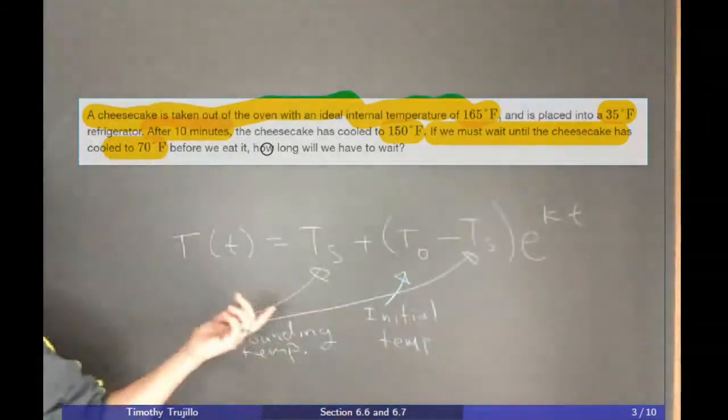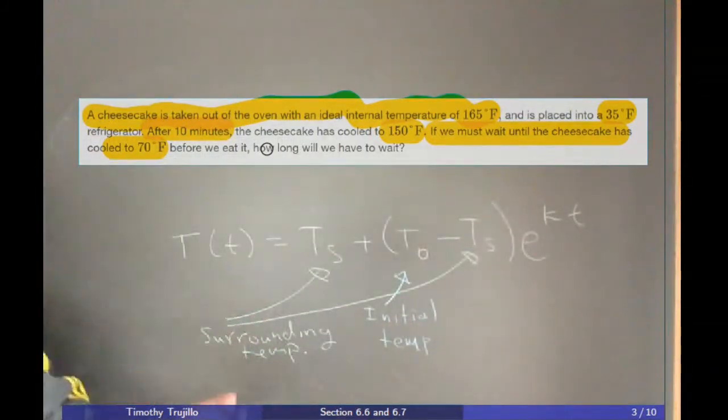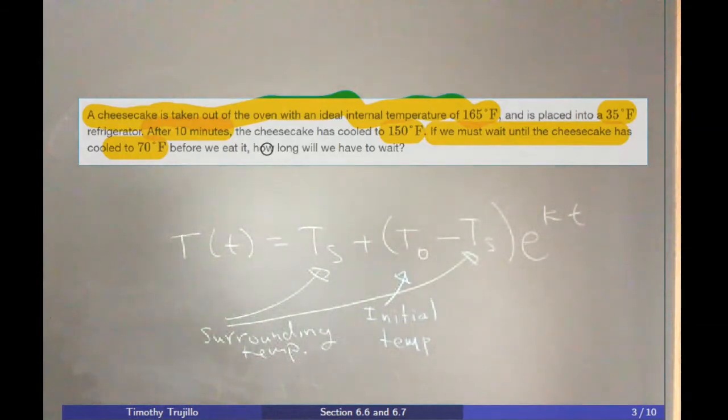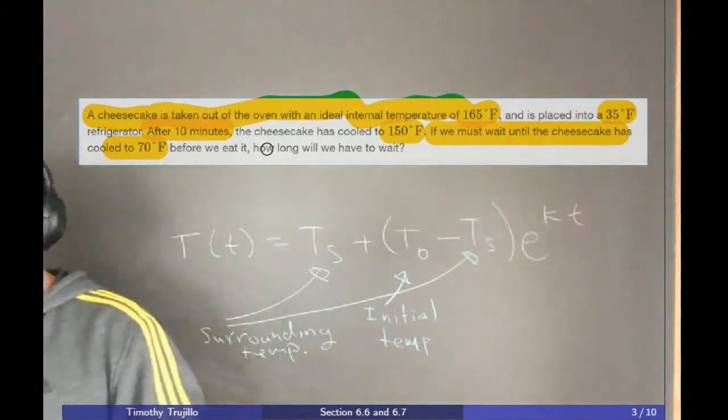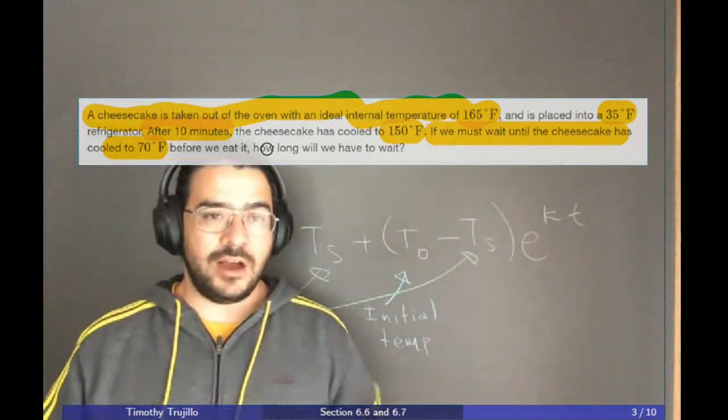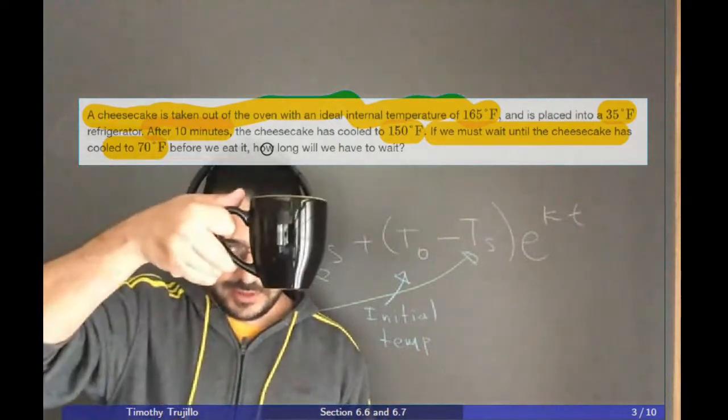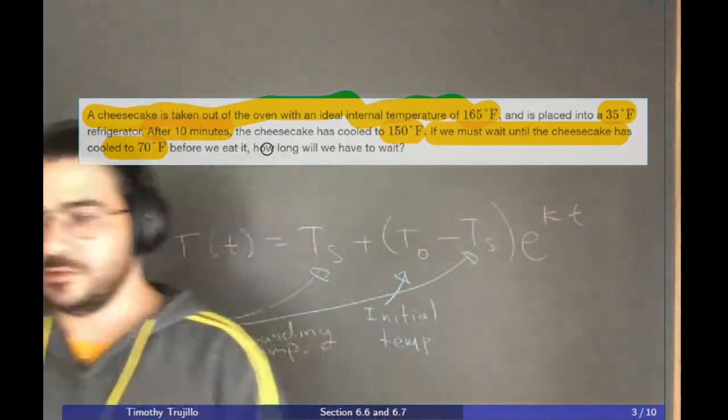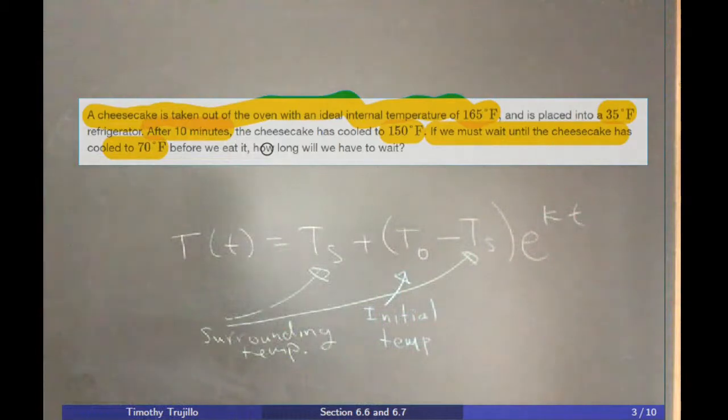The equation you're seeing here is called Newton's law of cooling. It's an excellent model for how anything cools off. For example, a cup of coffee: if coffee is cooling off, you can use this equation to determine the temperature as a function of time.